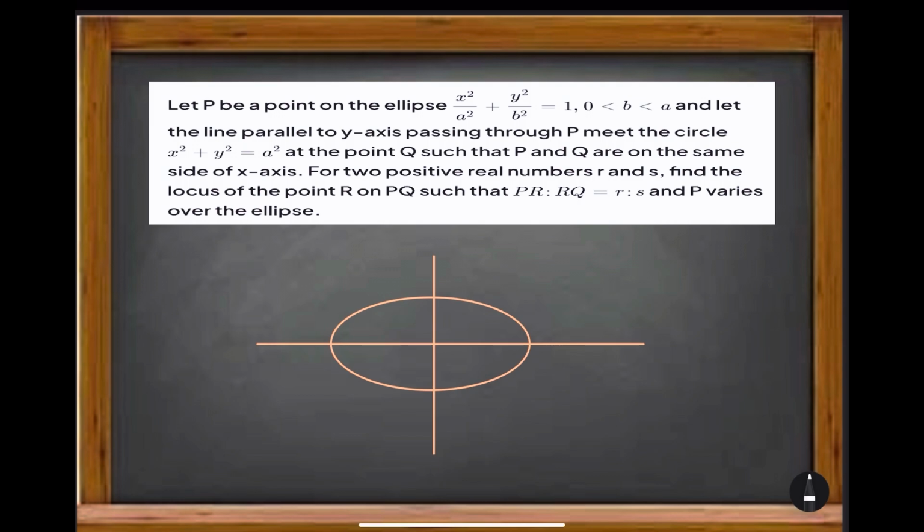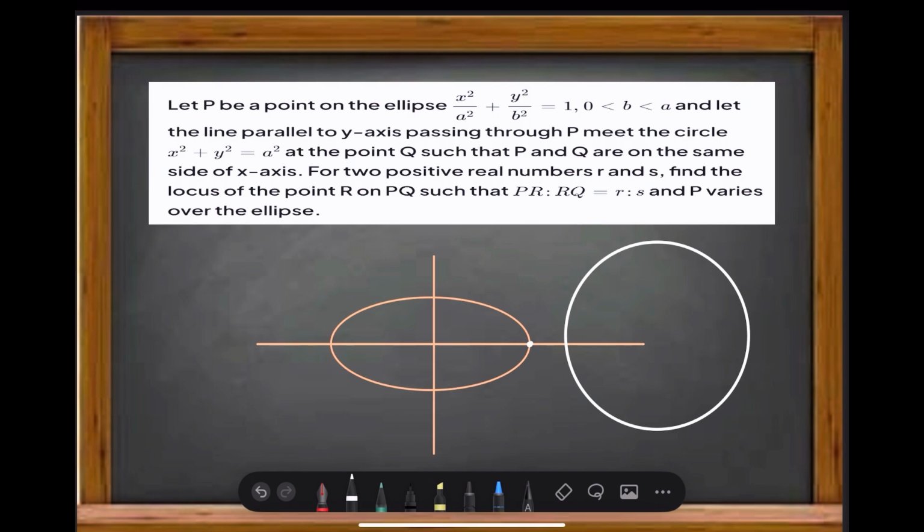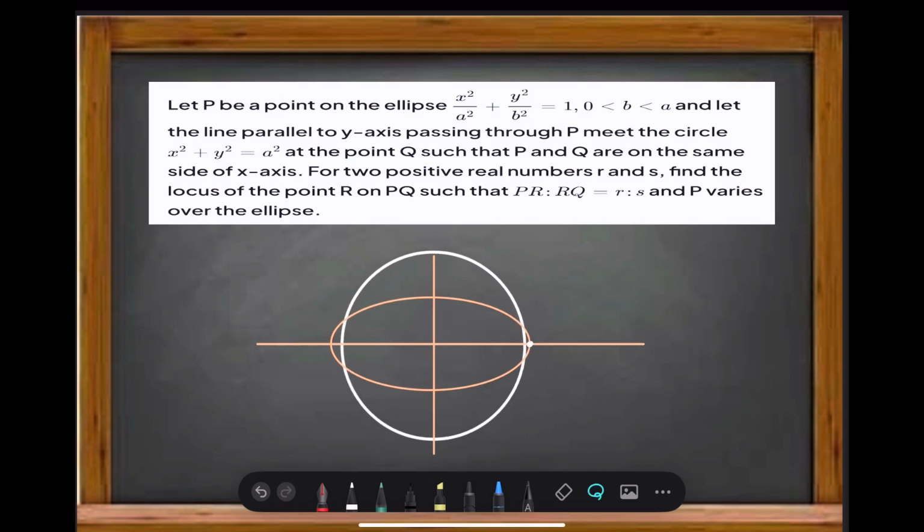You have the circle as x square plus y square equals a square, and here also they have used a, correct? Means for the ellipse, this point is (a, 0). So your circle should pass through this point, correct? So the radius of the circle is a, correct?